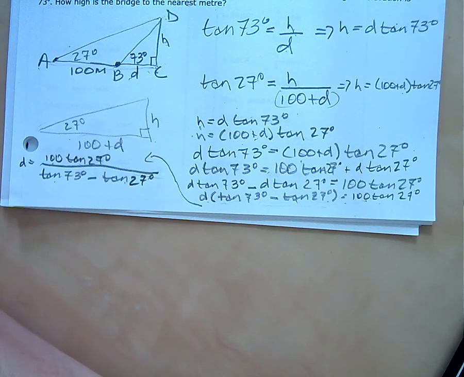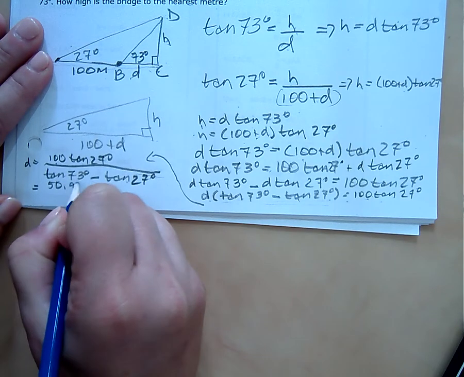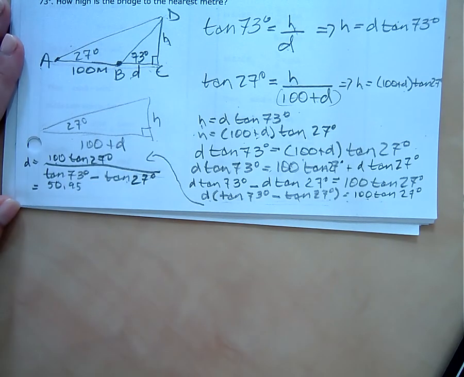So I've got here my numerator is equal to, wait a minute, I did something not right. One second. So my numerator is equal to about 50.95, and so on.